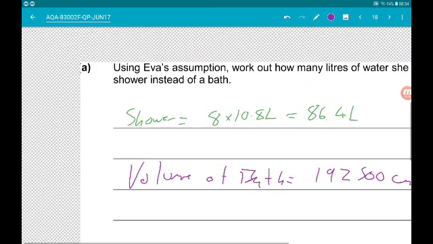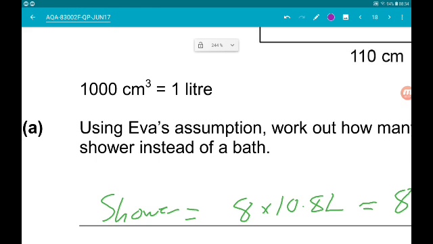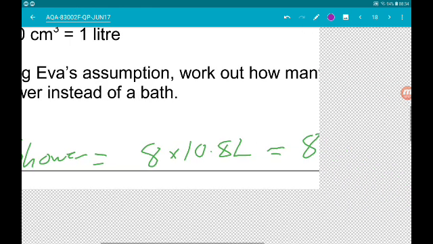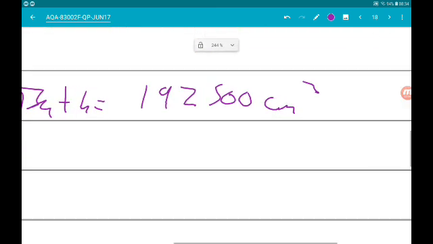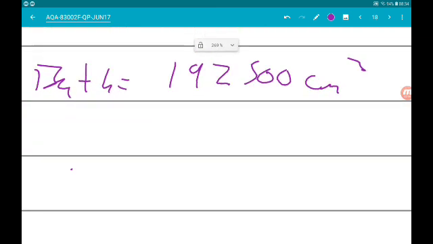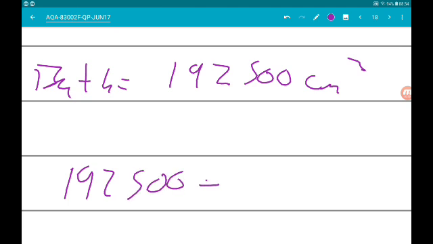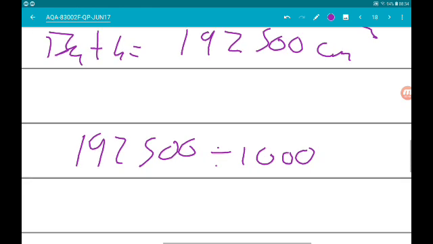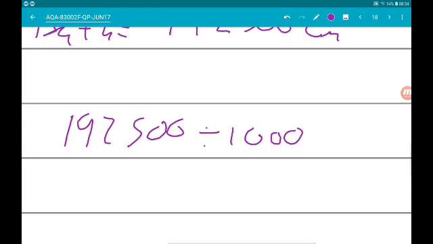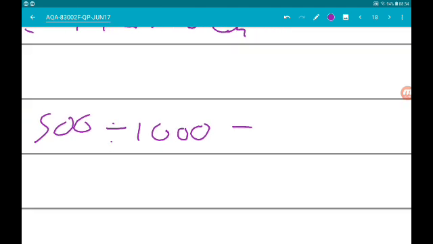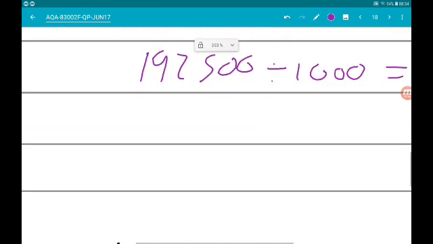Now we are told every 1000 centimeters cubed is 1 litre. So 192,500 divided by 1000 gives us 192.5 litres.